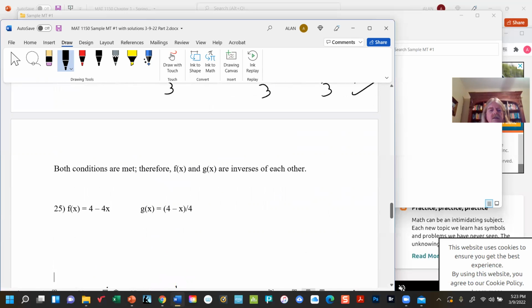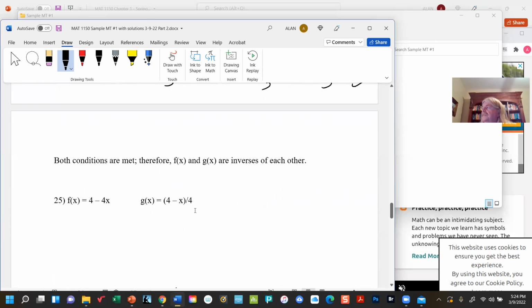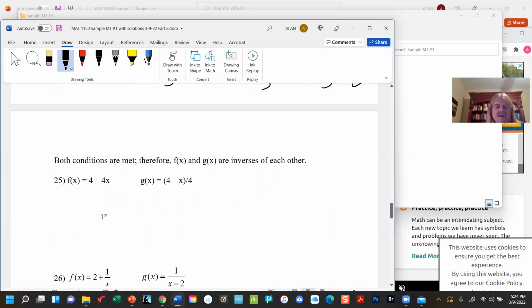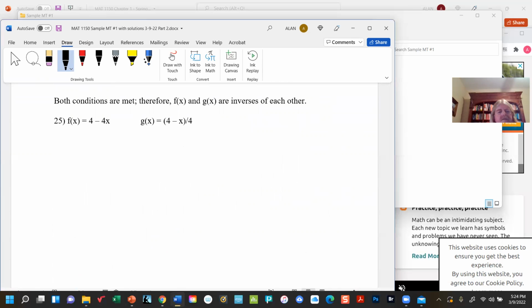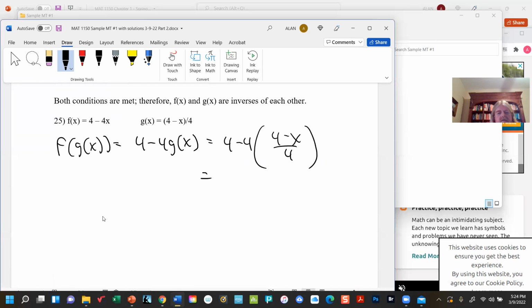All right, now let's try this one. F of g of x is 4 minus 4 times g of x. These 4's cancel. You'll get 4 minus 4 plus x. All right, that one's easy.